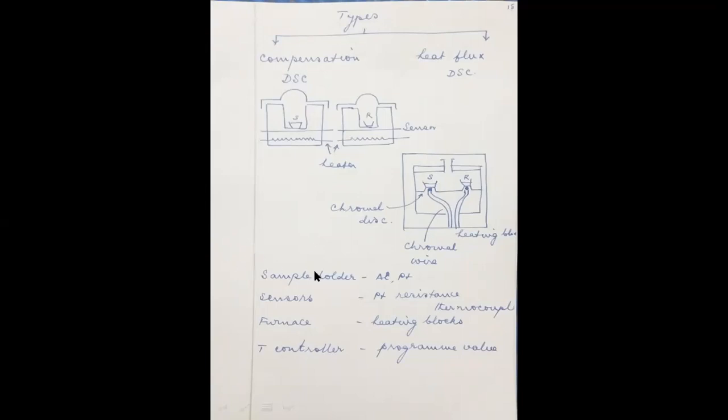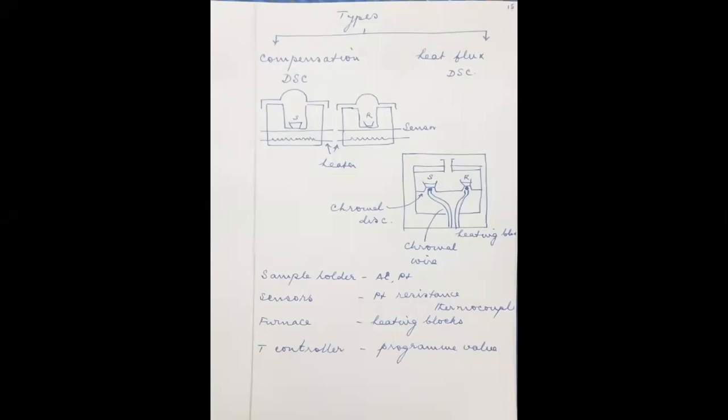Now, the various materials from which the sample holder can be made are aluminum and platinum. Normally, the materials chosen are supposed to have the following characteristics. Number one, they should withstand a high temperature.